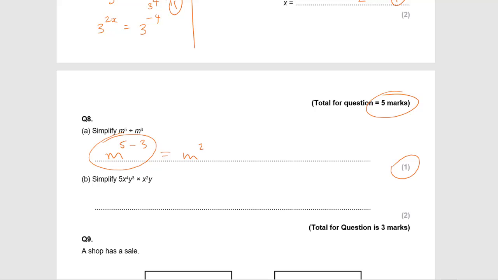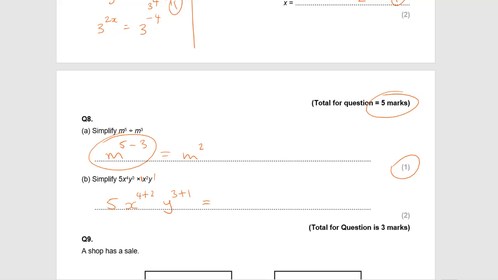Next one, 5x to the power of 4 y cubed times by x squared y. So we add the powers. So 5 times 1, there's a 1 there, which is 5. X to the power of 4 times by x squared, so 4 add 2, and then y to the power of 3, and there's a 1 there, add 1.